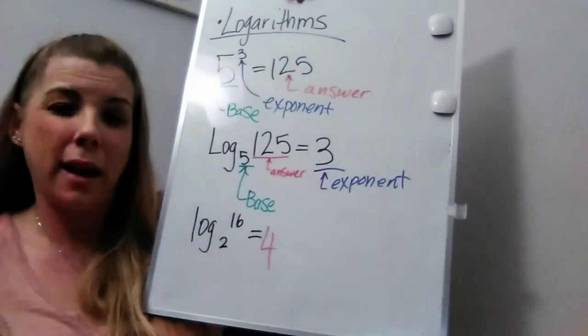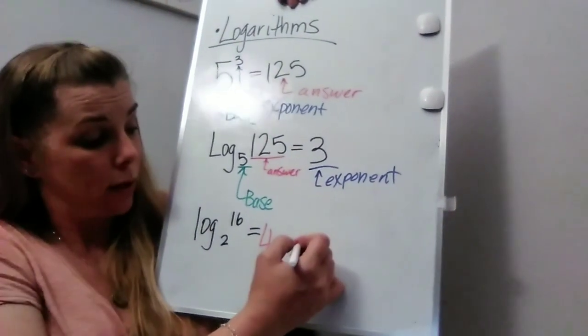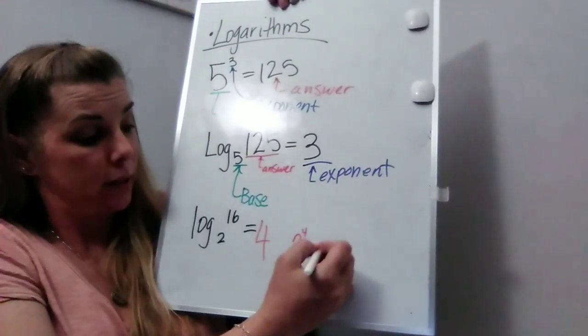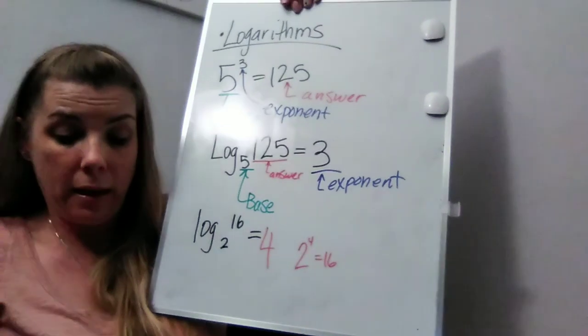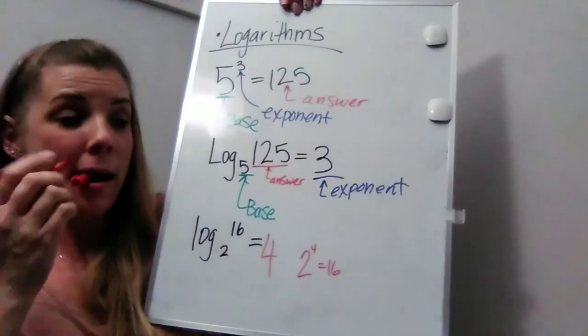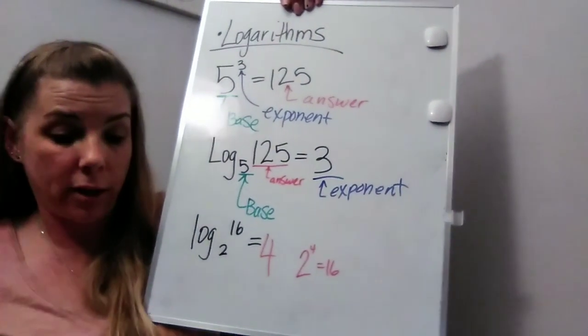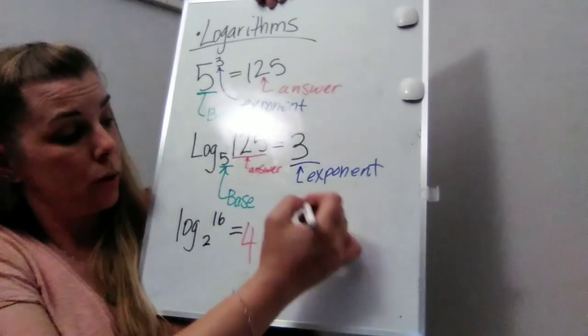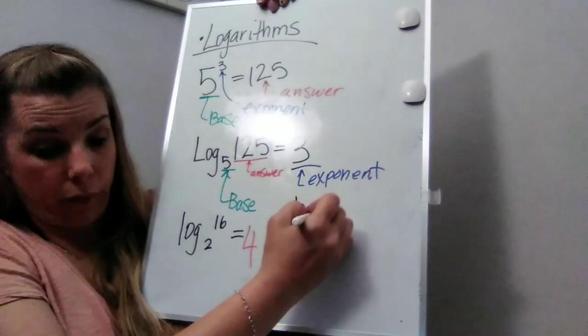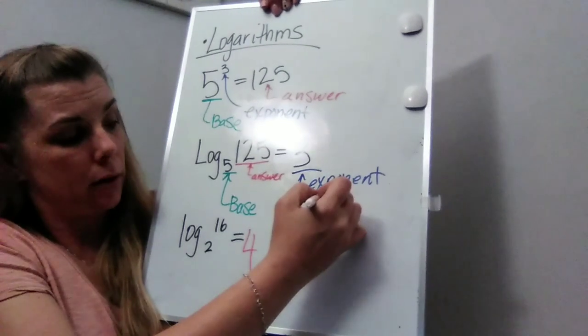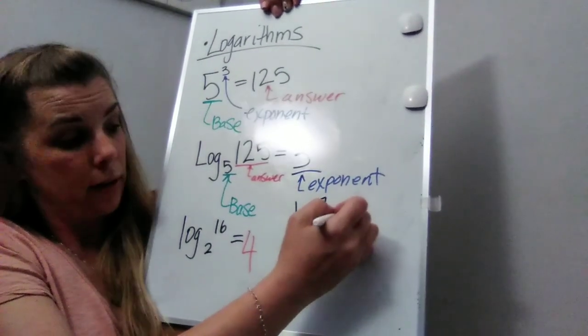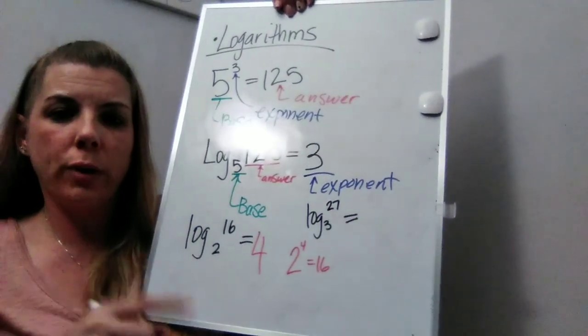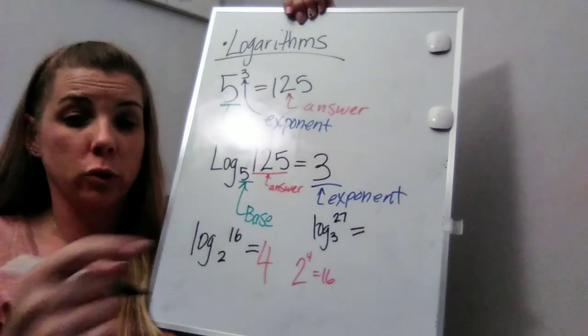How would this look as an exponent now? It would look like 2 to the 4 equals 16, if we were to write it in exponent form. Okay, let's try another one. What would log base 3 of 27 equal? 3 written how many times equals 27?